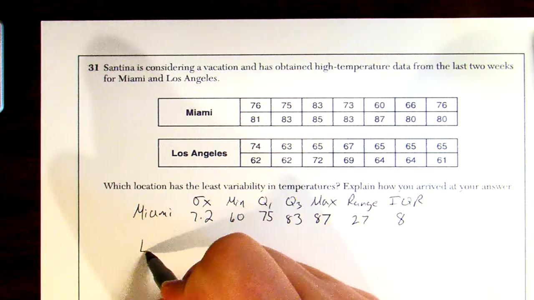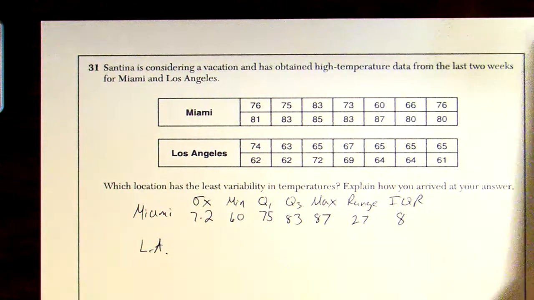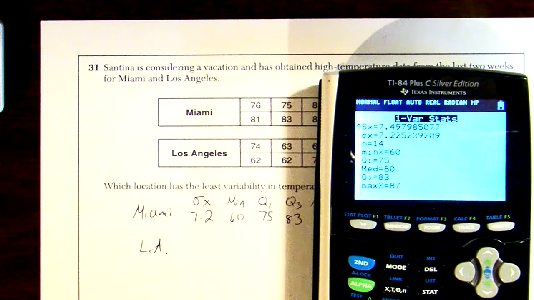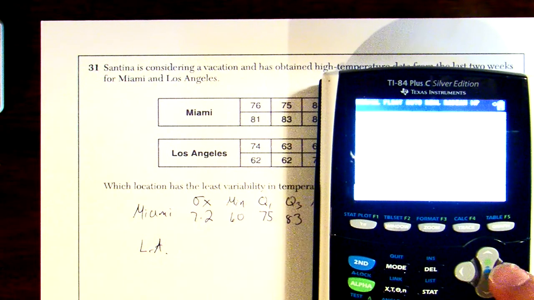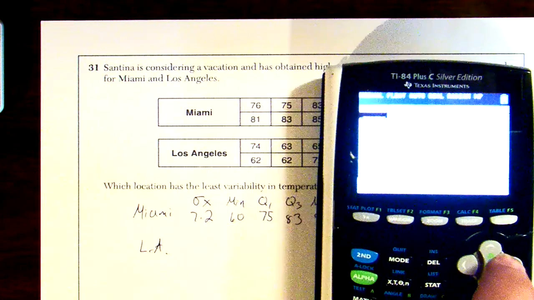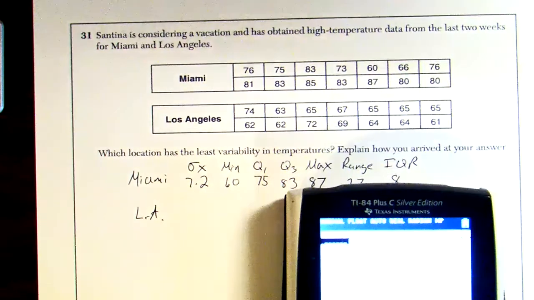So now we're going to find it for LA. You go back to your calculator, press stat, edit, and clear L1 out. Then press down and type in all the temperatures for Los Angeles.